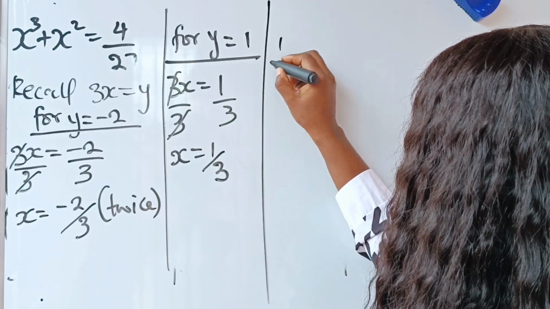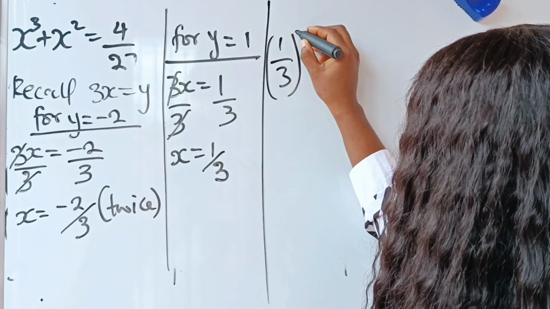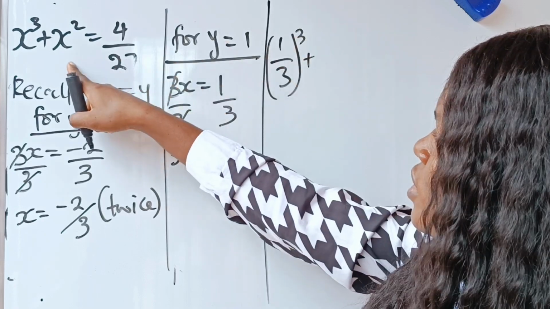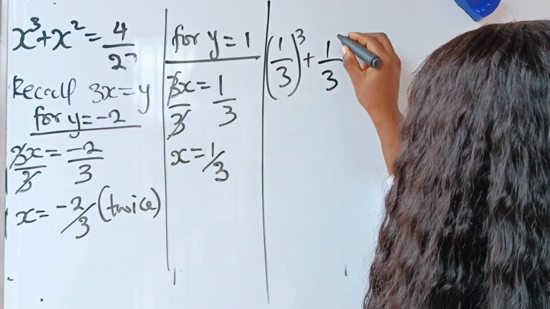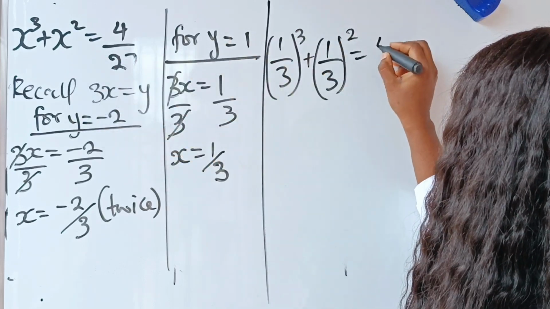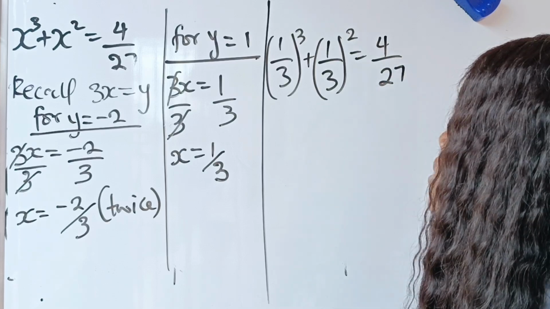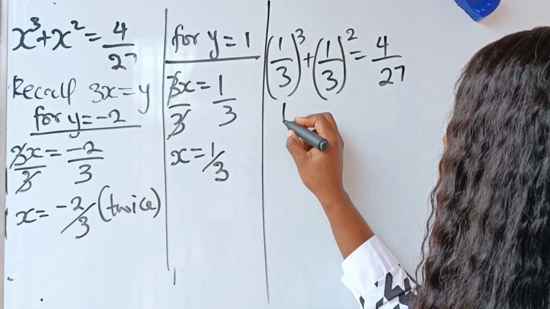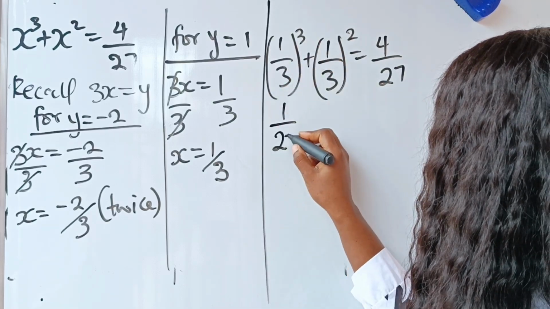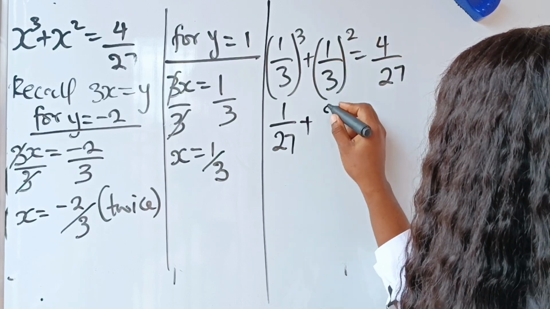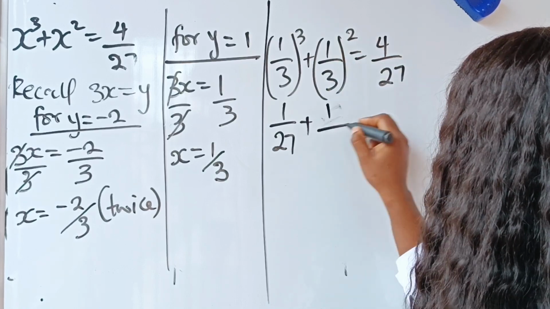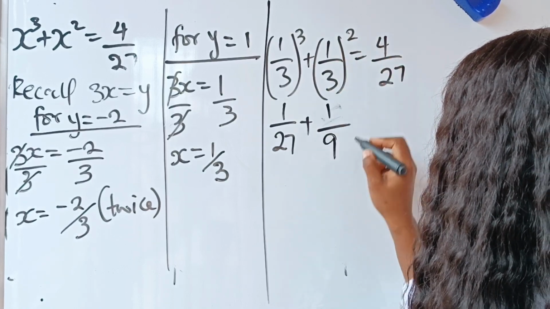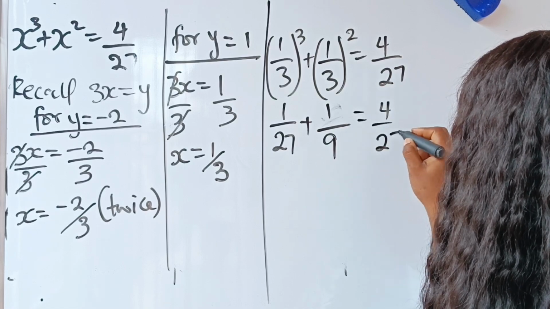So we have 1 over 3 to the power of 3, plus, I'm substituting here now, plus 1 over 3 to the power of 2 is equal to 4 over 27. Now 1 to the power of 3 is 1, 3 to the power of 3 is 27, plus 1 to the power of 2 is 1, and 3 to the power of 2 is 9, is equal to 4 over 27.